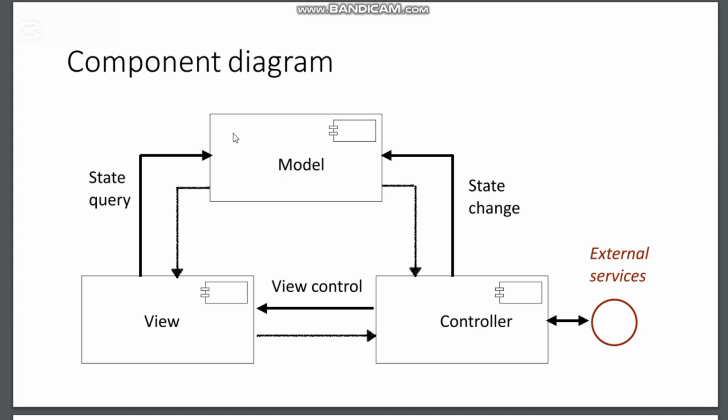The view can also take the state through a state query. State is basically the current state of the view. So the view can take the current state by using the state query, and the controller is basically changing the state. So it can change the state in the model of this view.